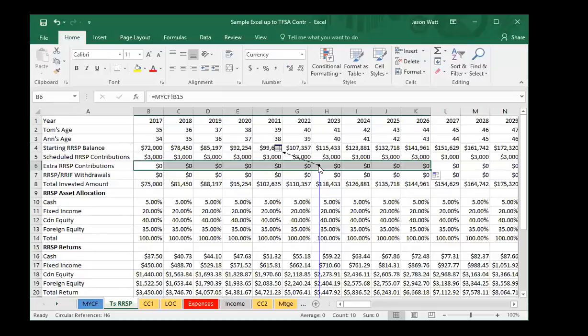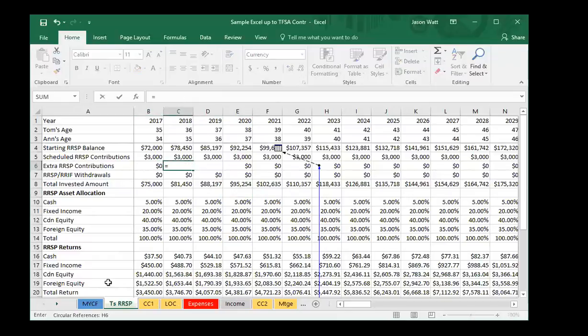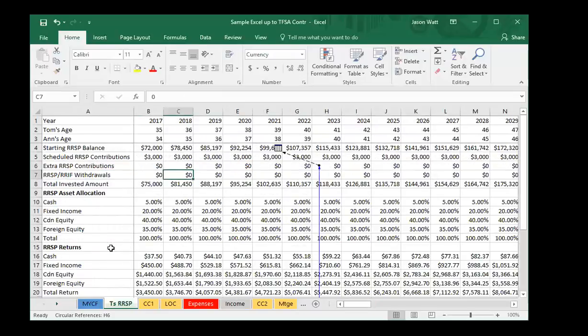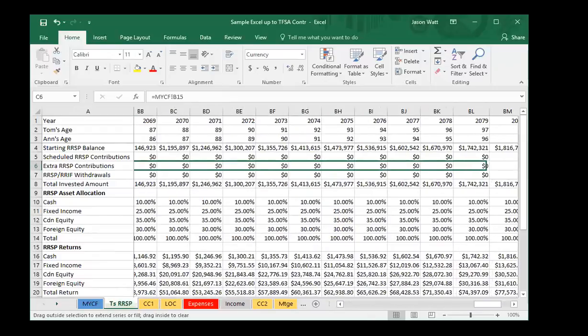That's a quick and dirty workaround, where I just say we're going to make our extra RRSP contributions based on the prior year's amount, which actually isn't that wacky anyways, because really that surplus isn't available until the year end. So now I can copy that across, and I shouldn't end up with a circular reference here.